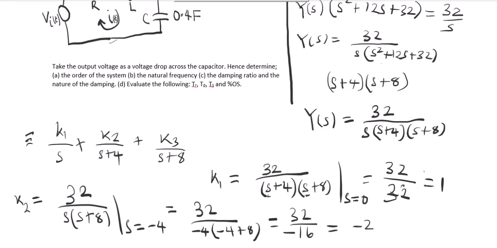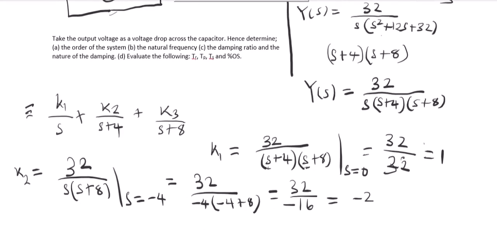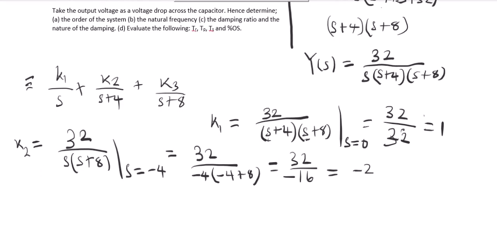minus 2. So similarly for k3, we do the same thing, 32 over s into s plus 4. So we eliminate the denominator of k3.